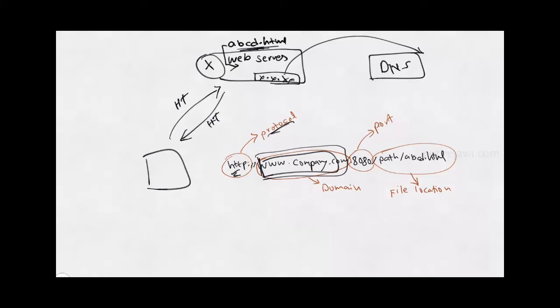Now the third part of it is the port number. What is a port? Let's get into details. Let's say you have this server where you installed the web server, but you may not have just this single application. You may have even more applications. For example, you may have an FTP server, a database management server, or Skype, and they all want to communicate with the outside world.